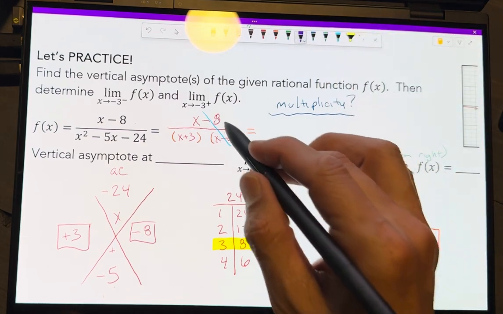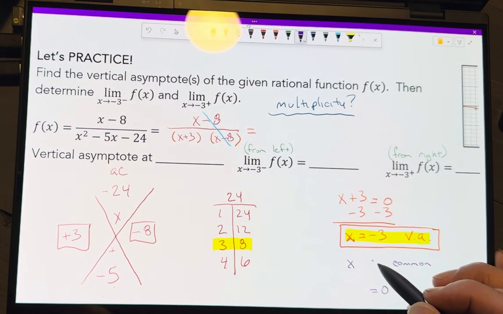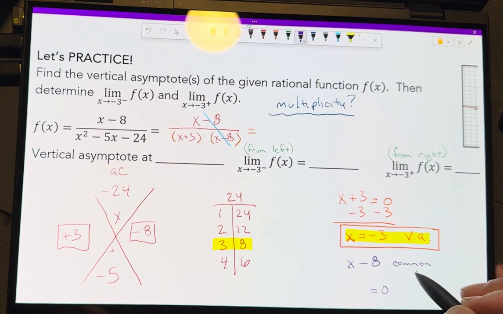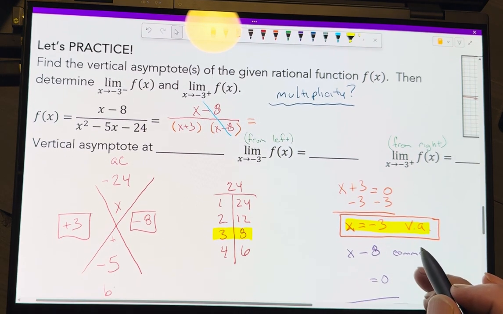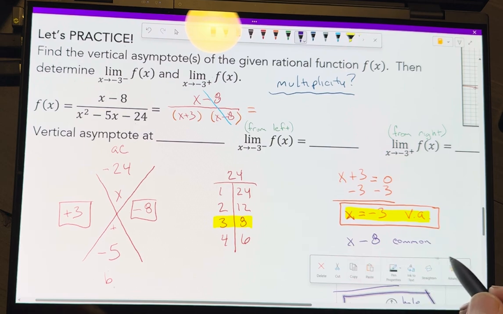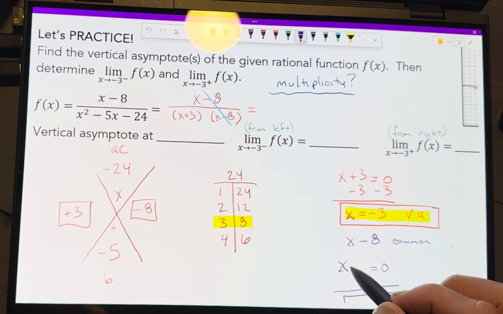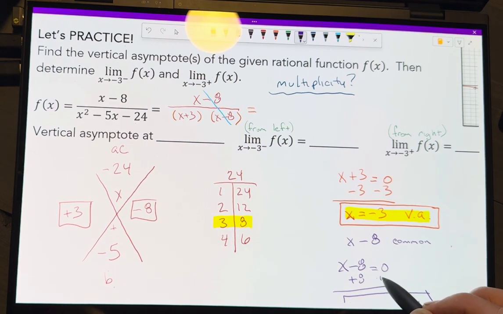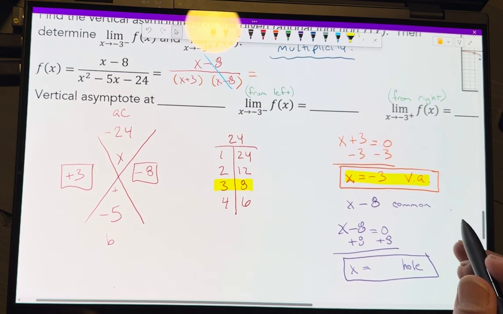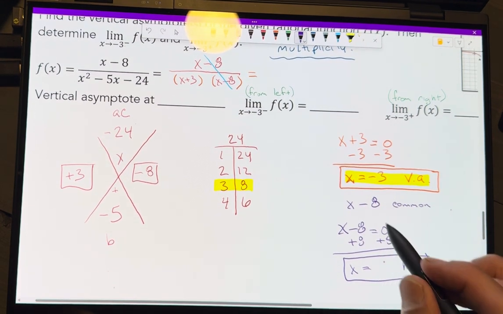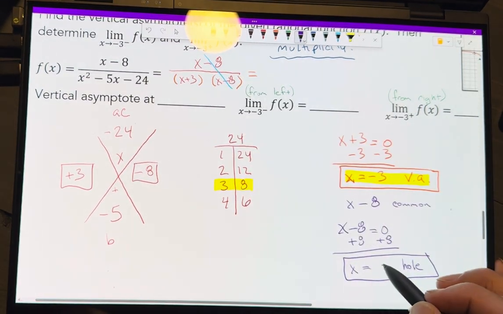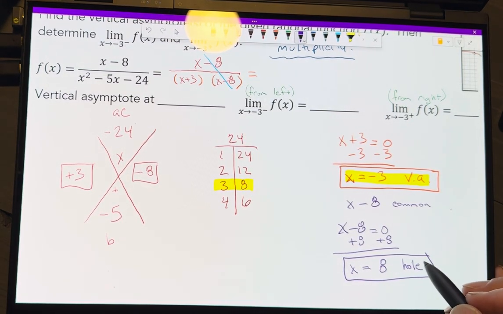And since they had x minus 8, the two quantities were common. Let's solve for x minus 8 is equal to 0. Add 8 to both sides. And now we know, because multiplicity is still 1, that we have a hole at 8.